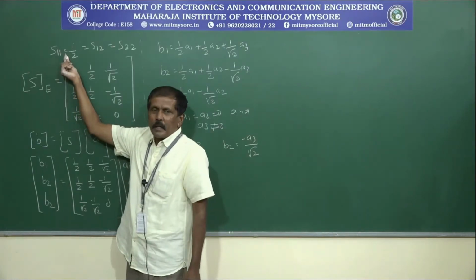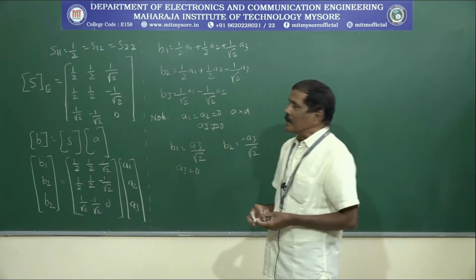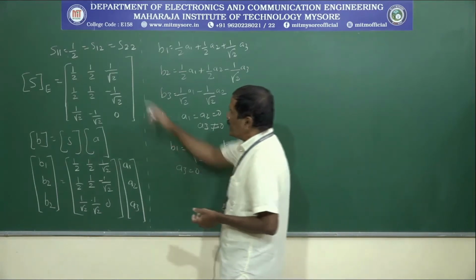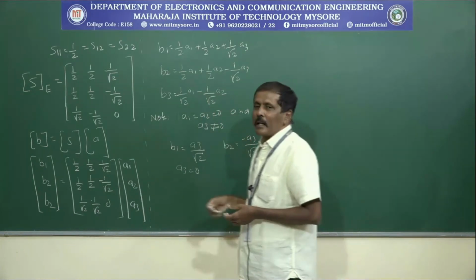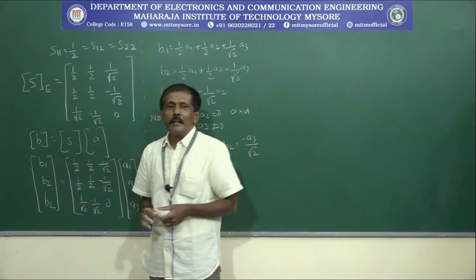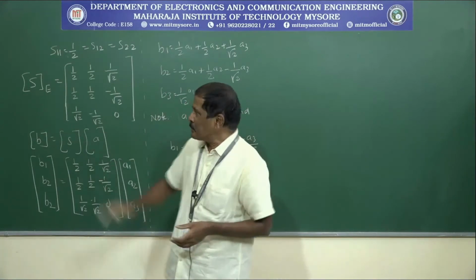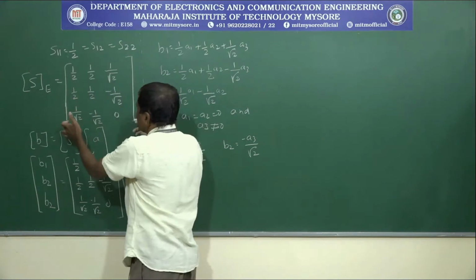Yes, we have calculated S11 equal to 1 by 2, and this is equal to S12, and that value is also equal to S22. Now, from all the calculated values, substitute the values in the S matrix of this E plane. So when you substitute the values, the matrix looks like this.